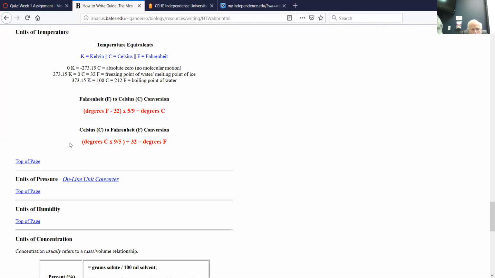All of our electronic thermometers are switchable, so you can have them read in Fahrenheit or centigrade. There are 3 important temperatures that you need to know. Our so-called standard body temperature of 98.6 Fahrenheit is exactly 37 degrees centigrade. The freezing point of water, 32 degrees Fahrenheit, is 0 degrees centigrade.